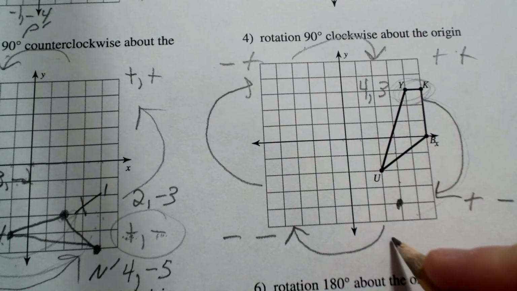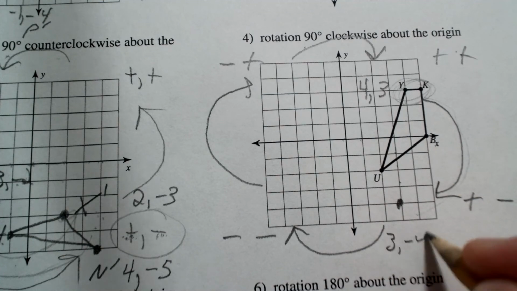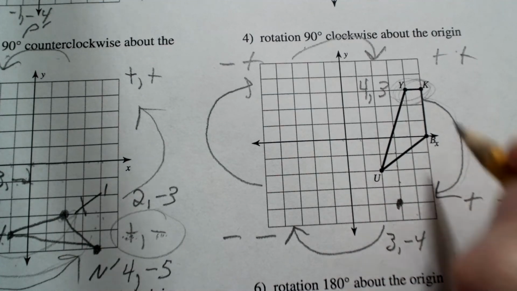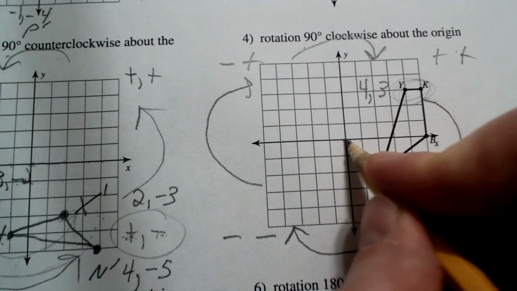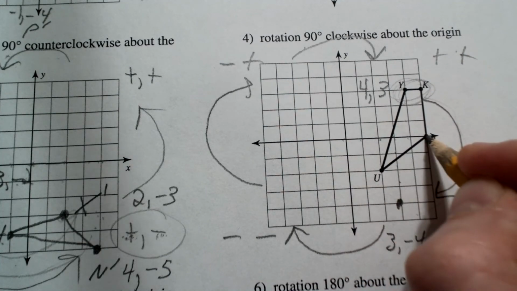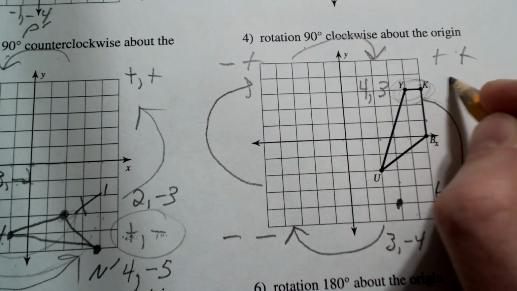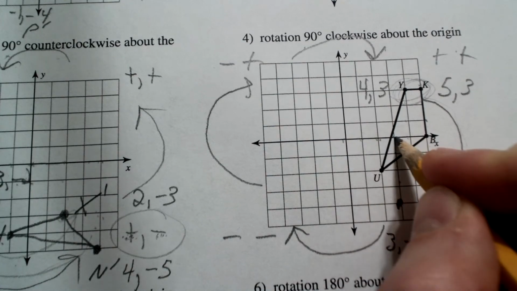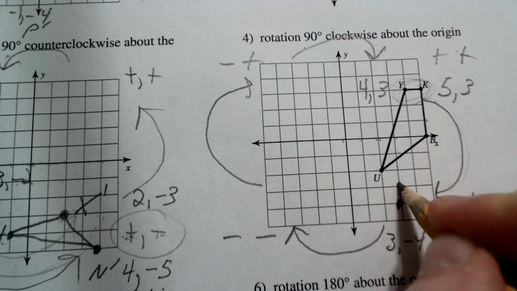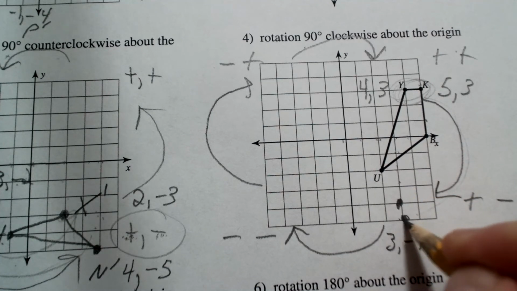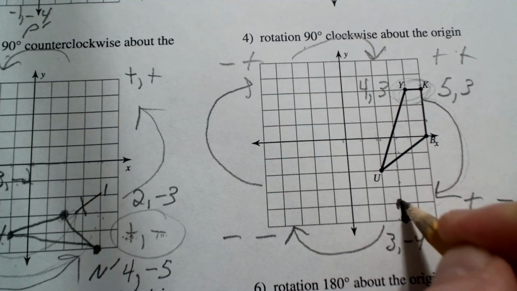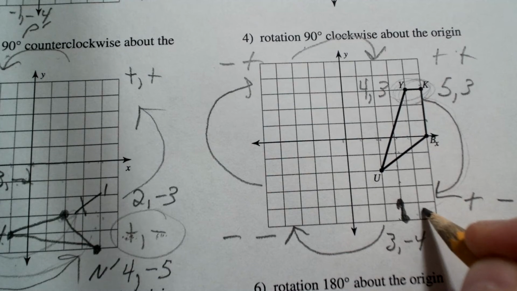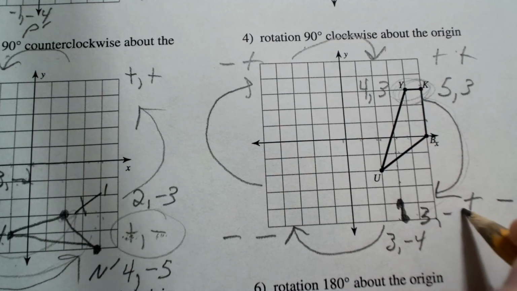So this one is 3, negative 4. This one here, 1, 2, 3, 4, 5. 1, 2, 3. So 5, 3 becomes 1, 2, 3, 1, 2, 3, 4, 5. Right there. This one becomes 3, negative 5.